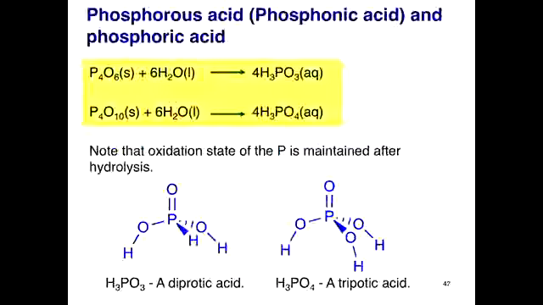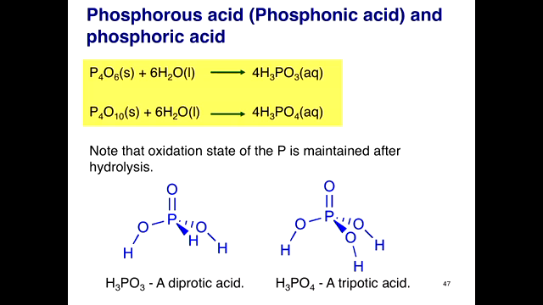Okay, so this is our last chemistry slide for the semester. If we take P4O6 and we react with water, we get phosphorous acid, also known as phosphonic acid, H3PO3. That's what it looks like. We've got two acidic protons, but this third proton here is not acidic, which means that phosphorus-hydrogen bond stays intact.